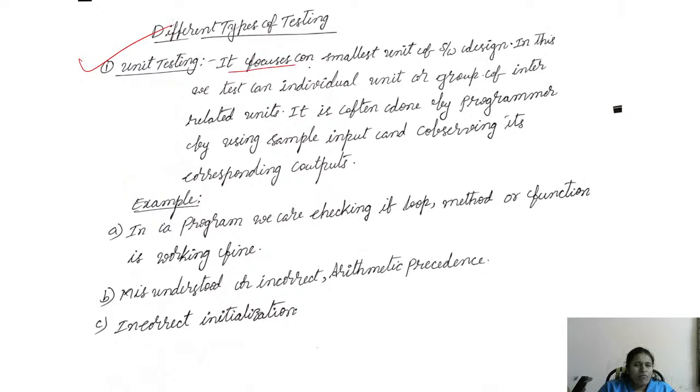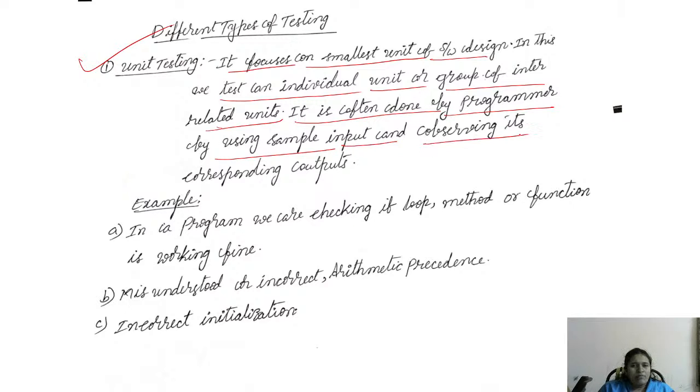Unit testing focuses on the smallest unit of software design. In this, we test an individual unit or a group of interrelated units. It is often done by the programmer using sample inputs and observing the corresponding outputs.